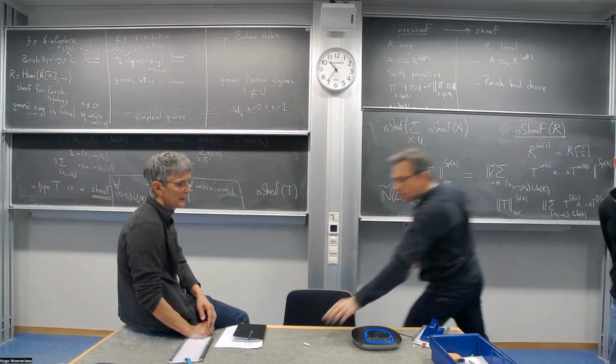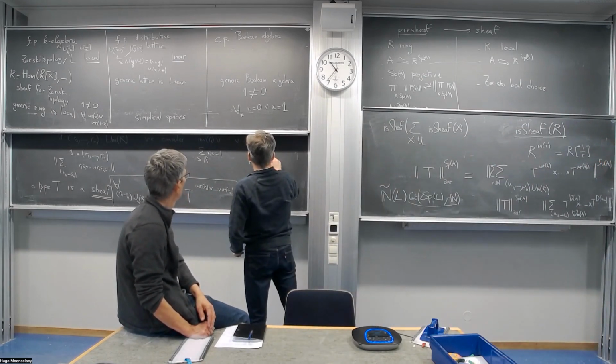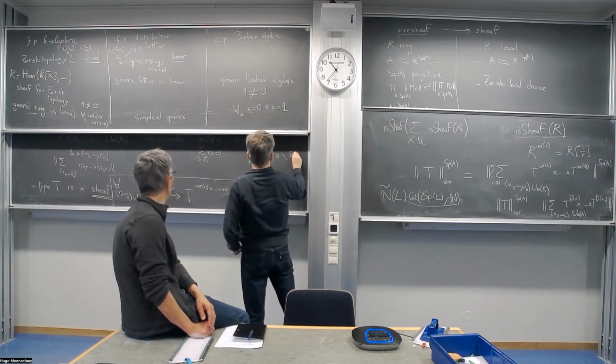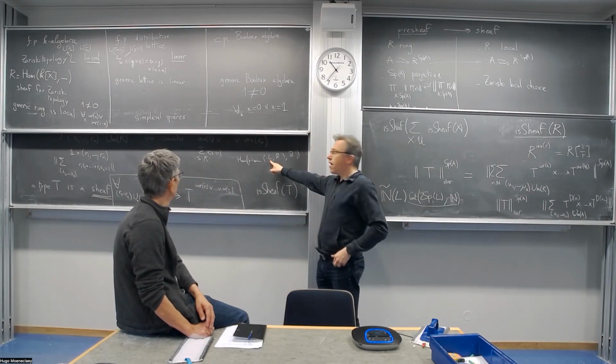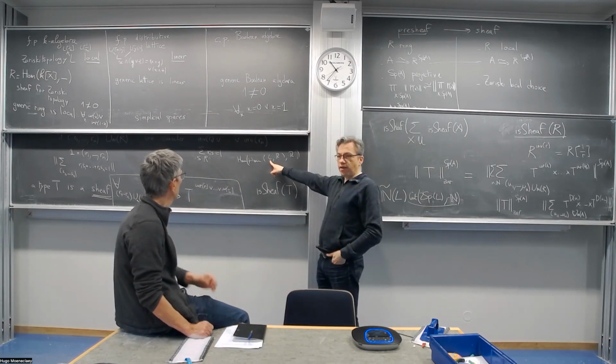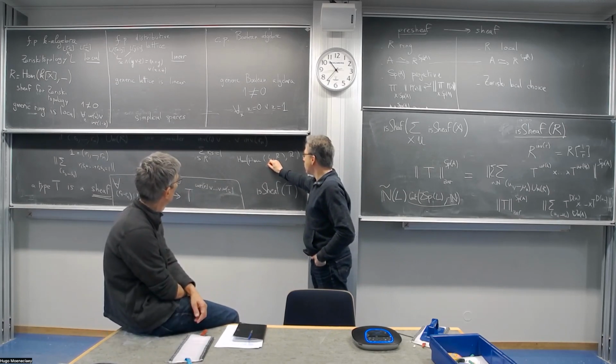Well, we have something like this on L, R, and now L is finitely presented, so it's something like a finite colimit.